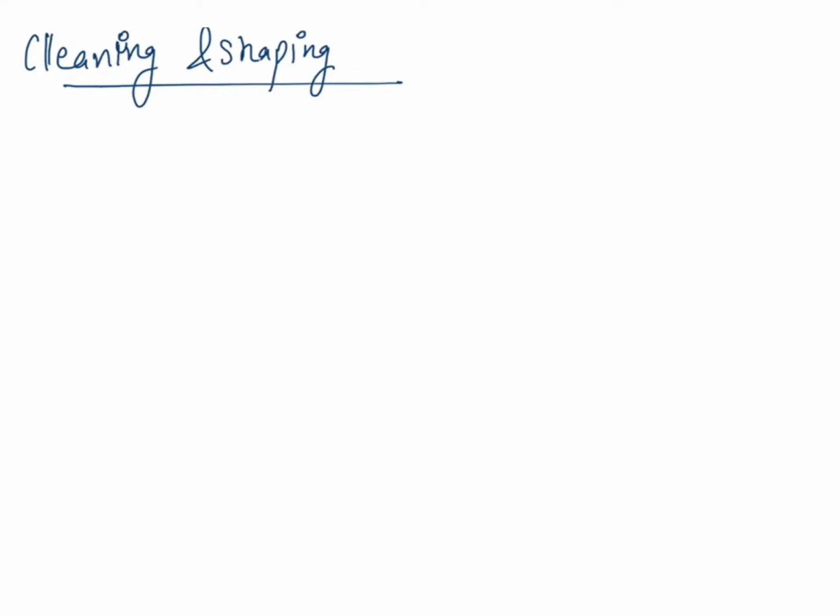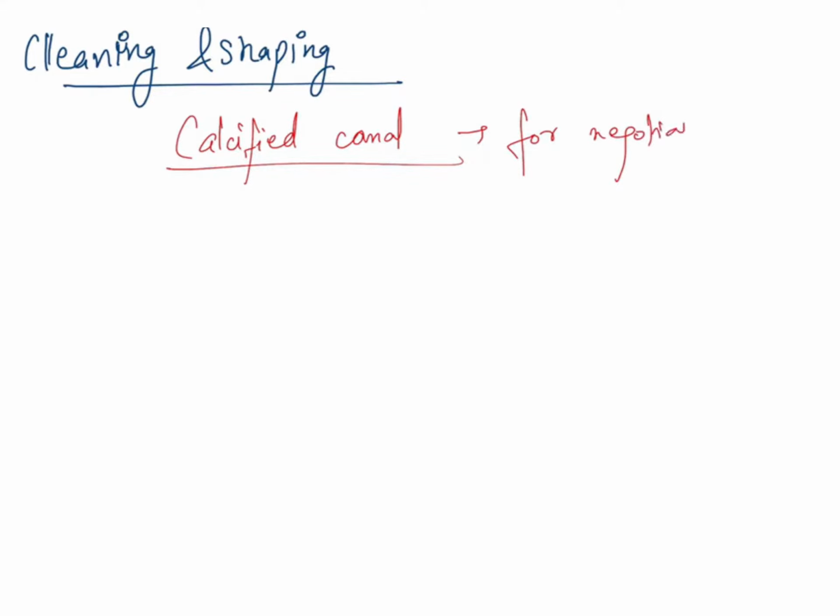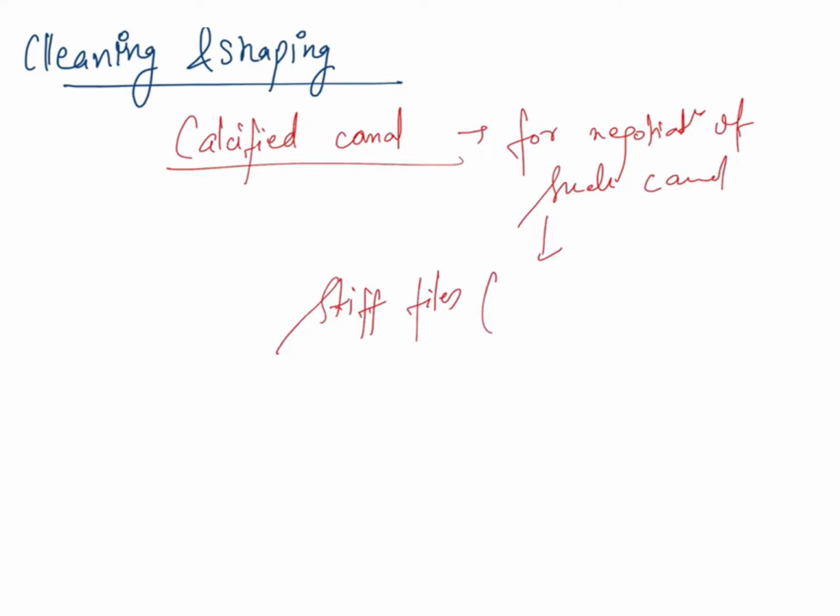So see, it is a calcified canal as evident on the IOPA. For negotiation of such canals, we have to use stiff files. Stiff files means files which have greater flexural strength.